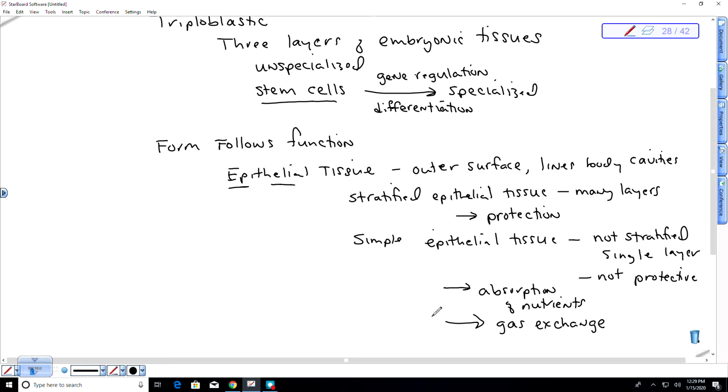You could work with a partner, or you could work alone if you want to. So this is a little preview of looking at the different types of tissues and where they are located and what their function might be. So sometimes I included a function that might be a little bit different than what you might have seen before.